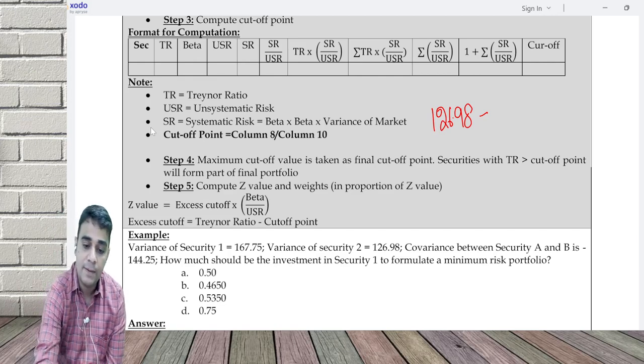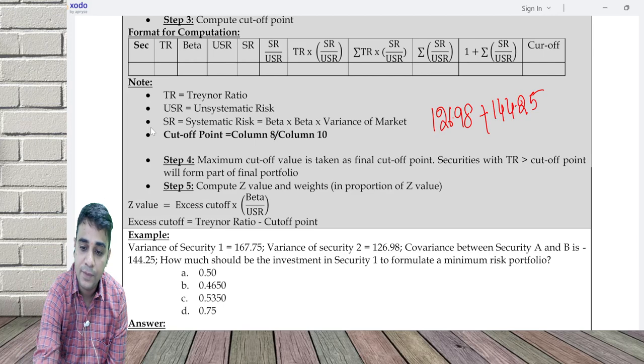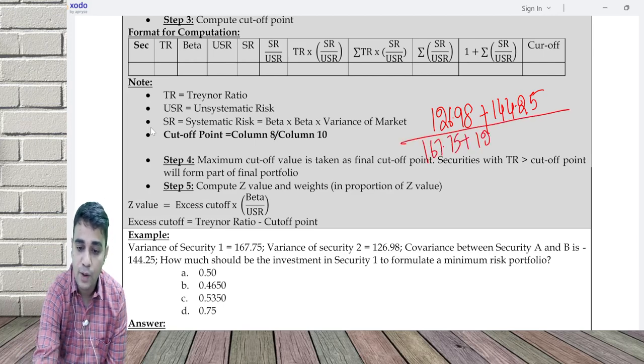Minus of minus will become plus 144.25. First one 167.75, 126.98. Minus of minus is plus 2 into 0.25.